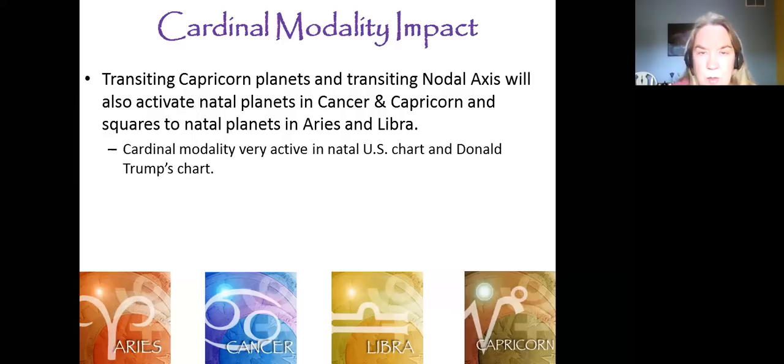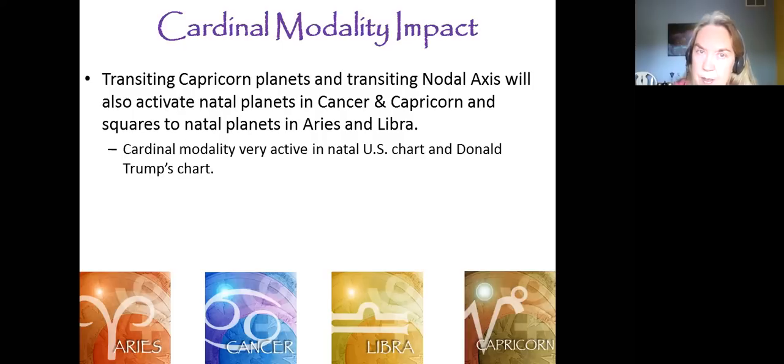So wherever you have planets in Cancer, Capricorn, they're, yes, going to be very activated. But so are the planets in Aries and Libra that have the squares to Cancer, Capricorn. So anywhere you have planets in those four cardinal modality archetypes, you're going to be a little more impacted, activated, triggered to change than maybe somebody who doesn't have very many planets in those archetypes.